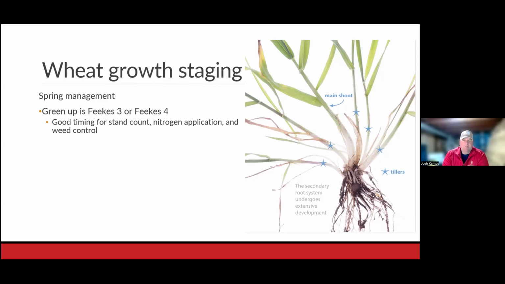We want that corn plant to focus on that one stem and maybe one or two ears. We want this wheat plant, though, actually, the tillers help us. Those are extra growth points, extra places for yield to develop on that plant. So there's some things to think about, not just the amount of plants, but the amount of tillers on the plants as well can maybe affect our stand counts for small grains.